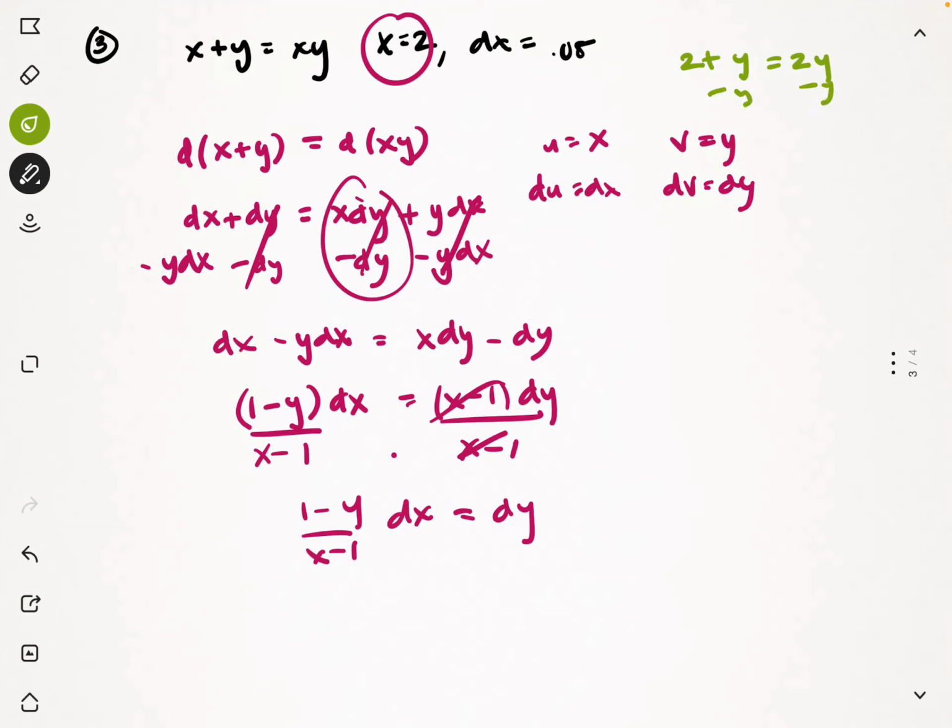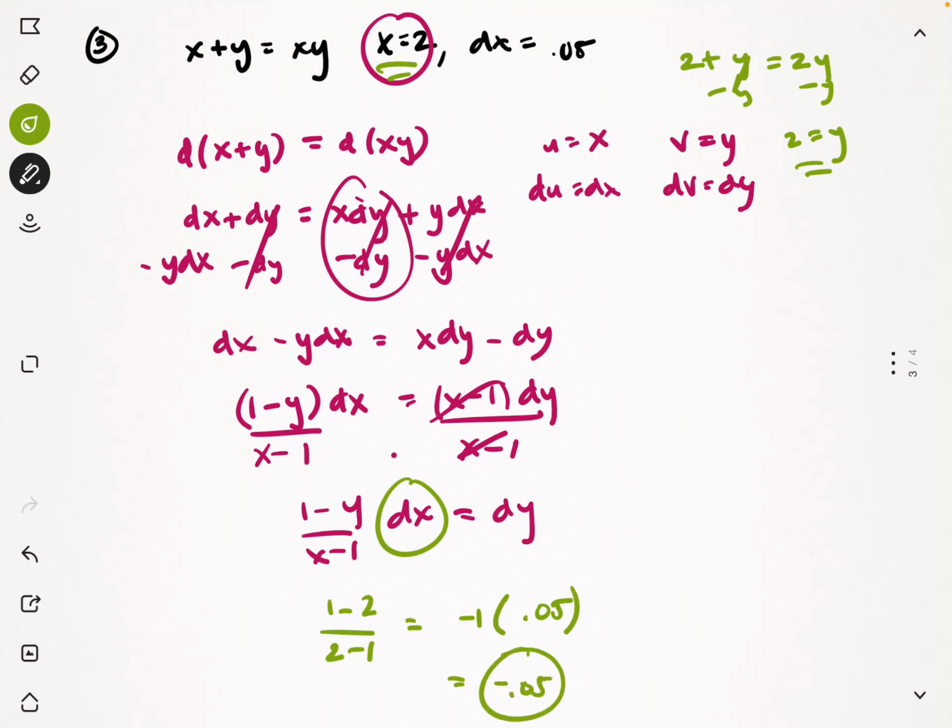So 2y minus y is y. So 2 equals y. So we have our x, we have our y, we can plug in. So we have 1 minus 2 over 2 minus 1 equals negative 1. We also have to multiply by dx. So dx is 0.05. This whole thing is going to be negative 0.05. Okay, so just some differential stuff.